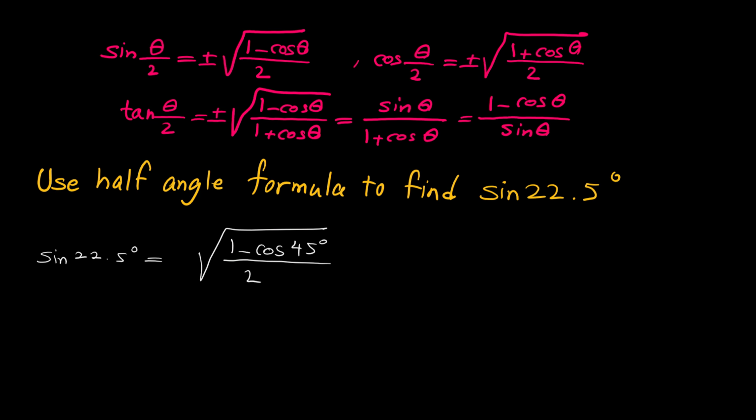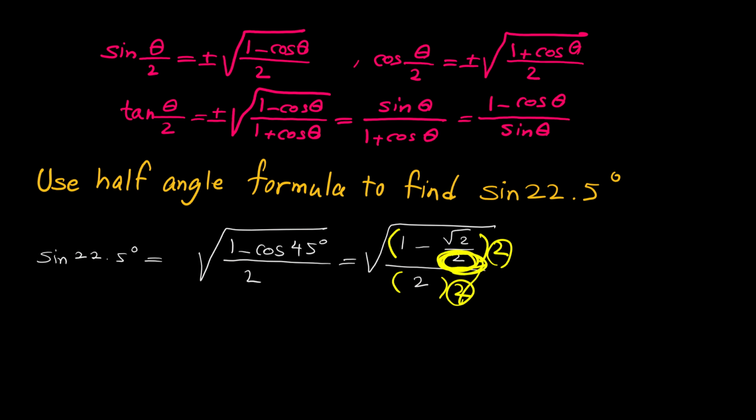And now in this way we can find the value of sine of 22.5. So this equals the square root of 1 minus radical 2 over 2, all over 2. Now for simplifying this expression, you can subtract these two, do a common denominator, then divide by 2. But the easier way is to multiply the numerator by 2 and the denominator by 2, and by multiplying by this number we can get rid of this fraction.